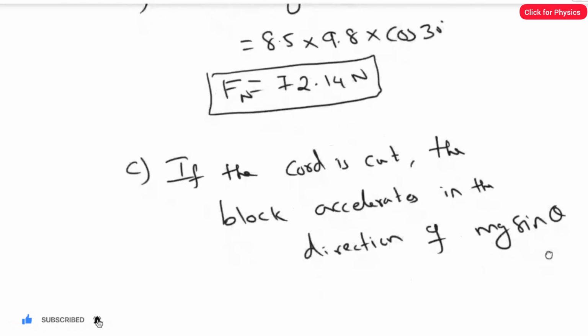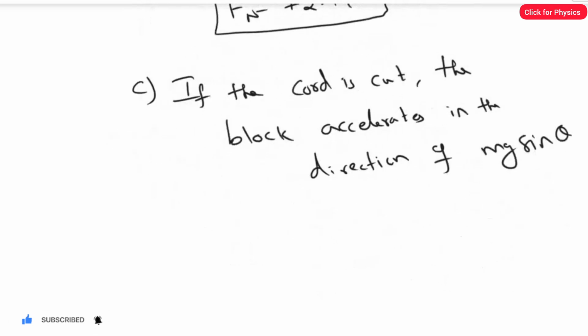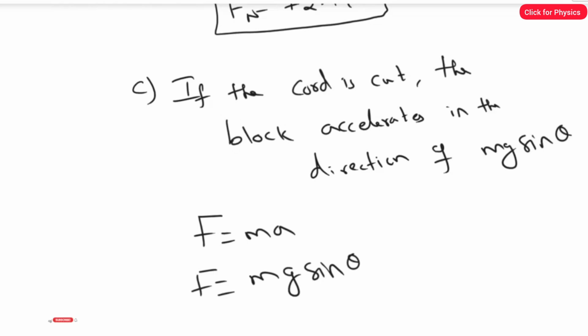So that means we have to equate the mg sine theta with Newton's second law. What is Newton's second law? F is equal to ma, and here the force in the direction of acceleration is mg sine theta, but it is in the direction of the negative x-axis, so we have to put a negative sign here. Clear?